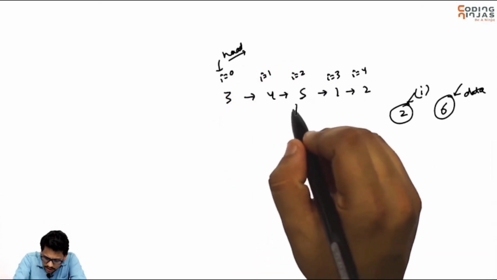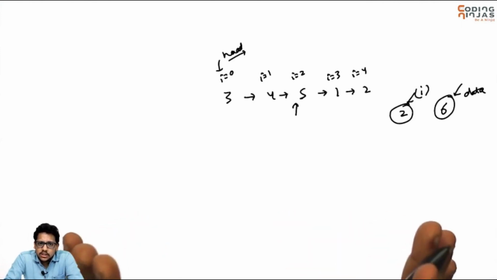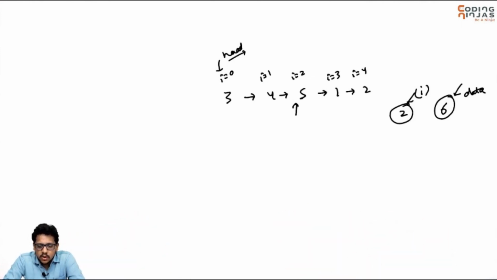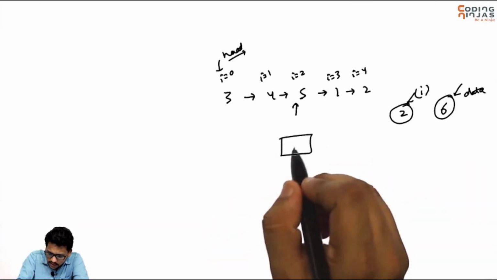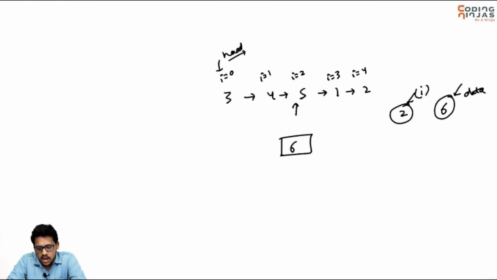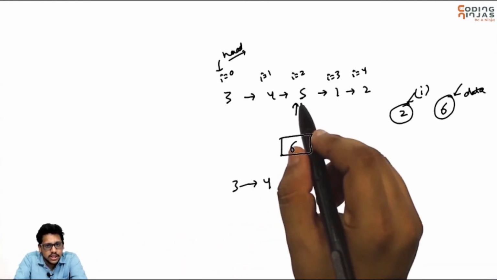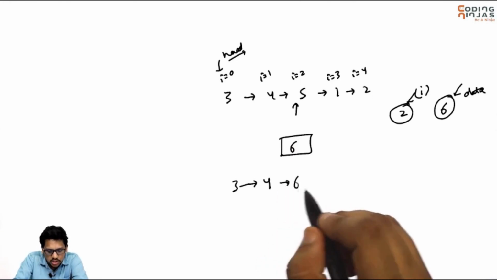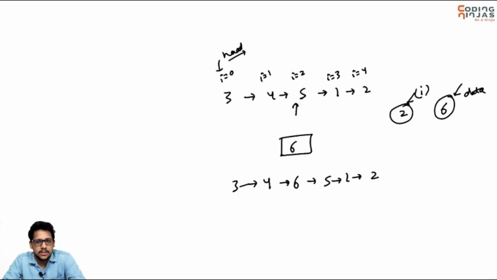Let's see, if I want to insert at second position, what change I need to make in the linked list. Okay, so if I need to insert, first of all I will create a node for 6. If I created a node for this, I need to make connections like this. Since I need to insert at second position, after 4, 6 should come, after 6, 5 should come, like this.